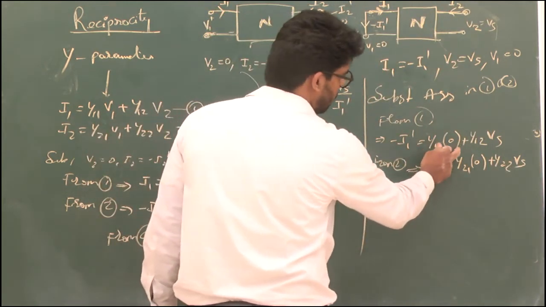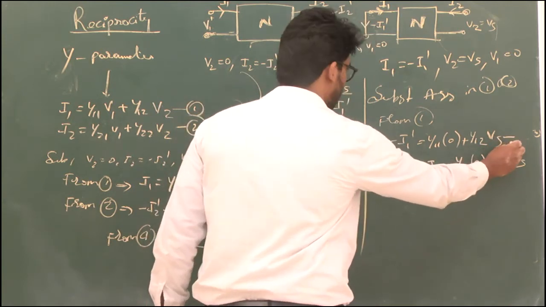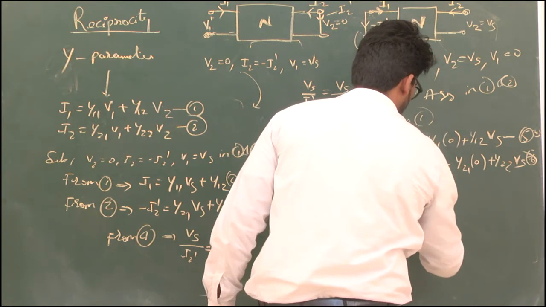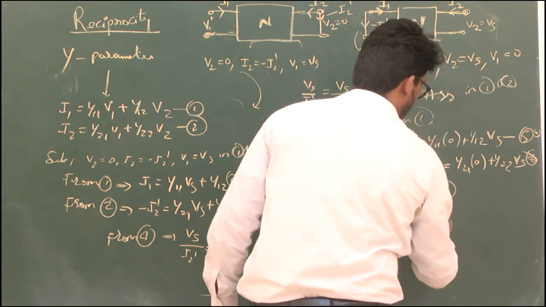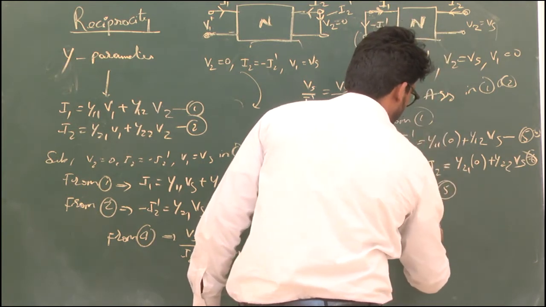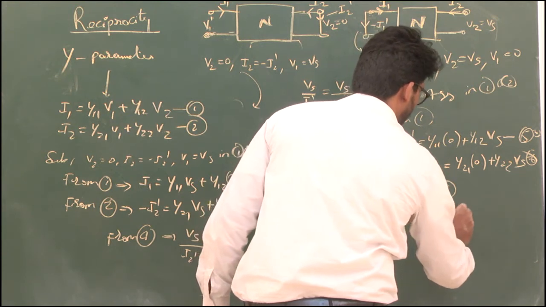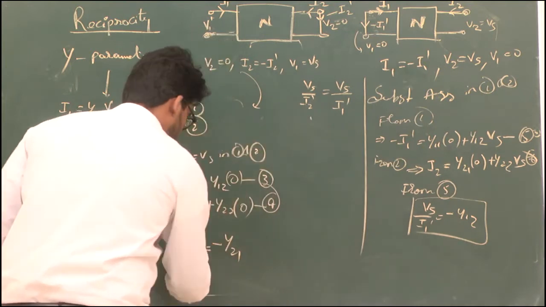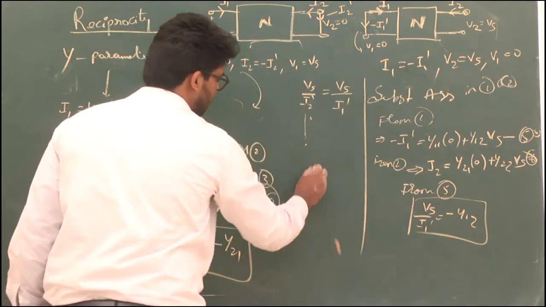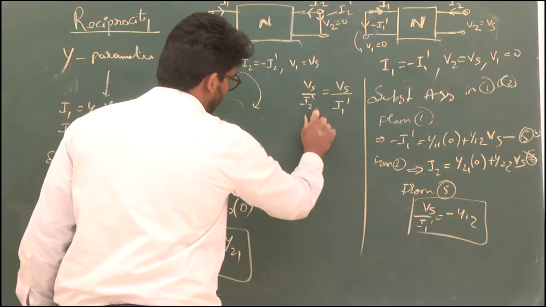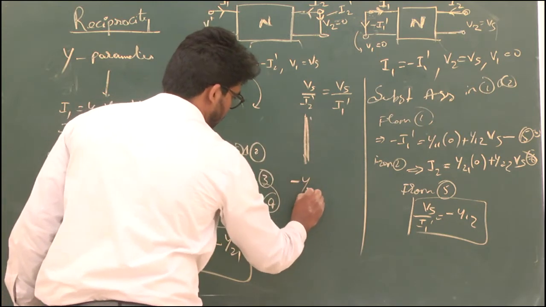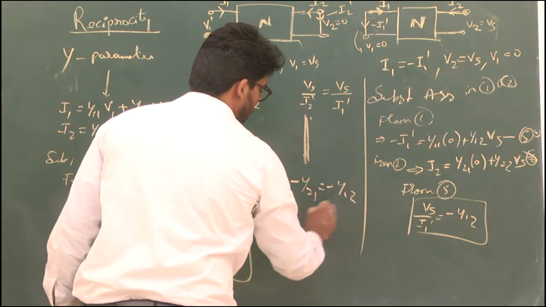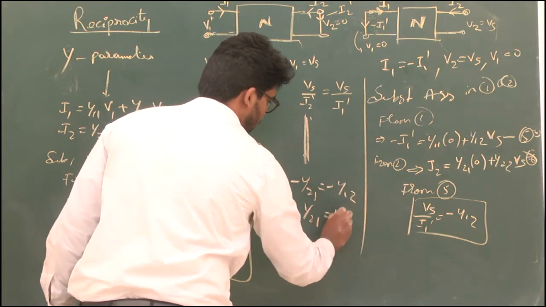Let us say this is equation 5 and this is 6. From 5, we have Vs by I1 dash equal to minus 1 by y12. But we need the response as Vs by I1 dash as you got y21, and we got Vs by I1 dash as minus y12. So creating both in this form.